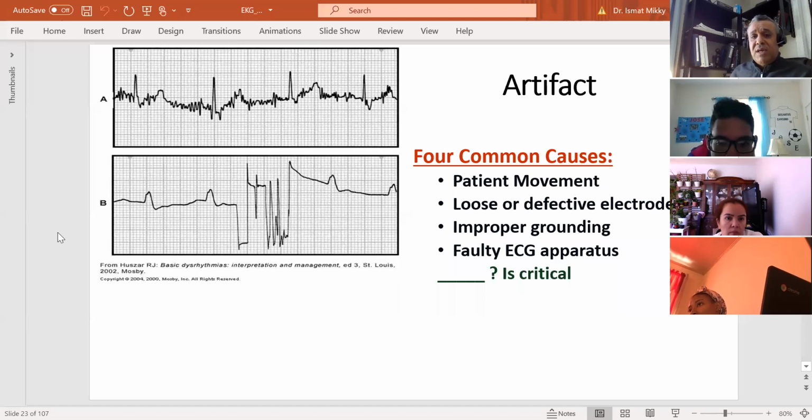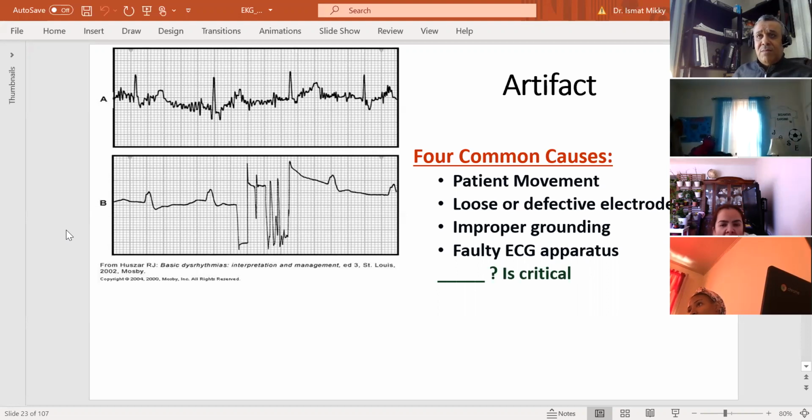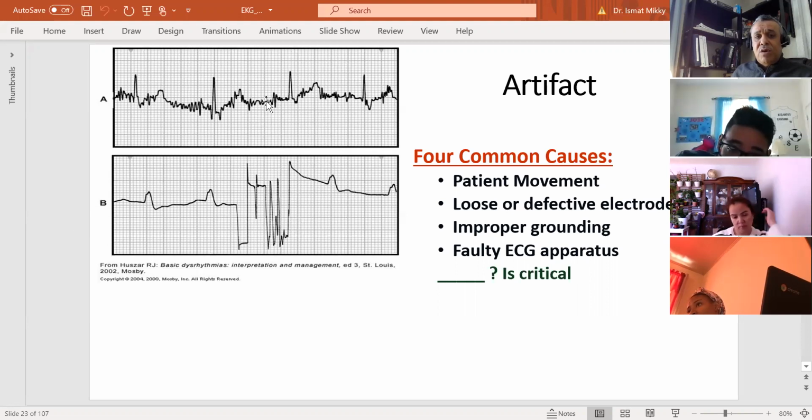The artifact, in other words, is when sometimes you will run into a scenario where you're sitting at the monitor and you see one of the monitors printing strips, like EKG strips like this. We don't know if this is the patient's real EKG or just electrical conductivity, because if it's the patient's actual cardiac rhythm, it is life-threatening.